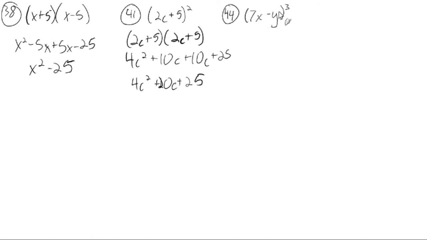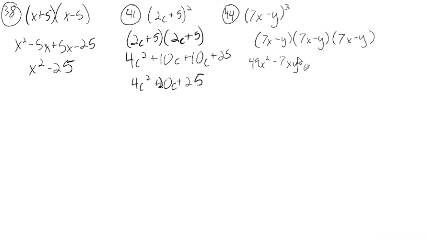We raise the parentheses to the third. It means take that parentheses, multiply it by itself, not 2 times, but 3 times. That's what that 3 up there means. So that's what we need to do. So we'll multiply these 2 together. We'll get 49x squared minus 7xy.